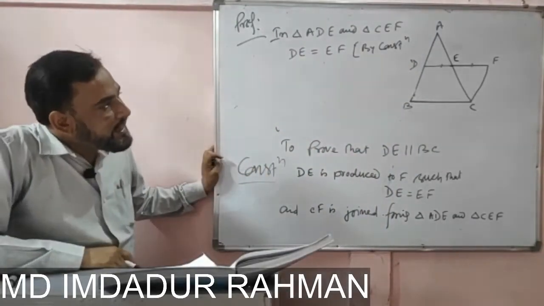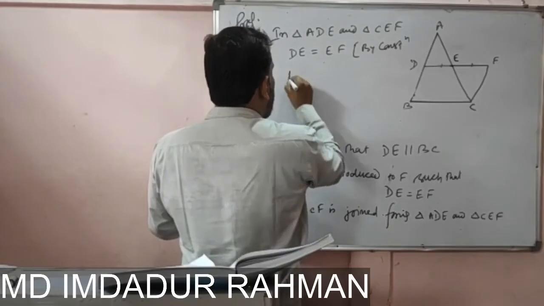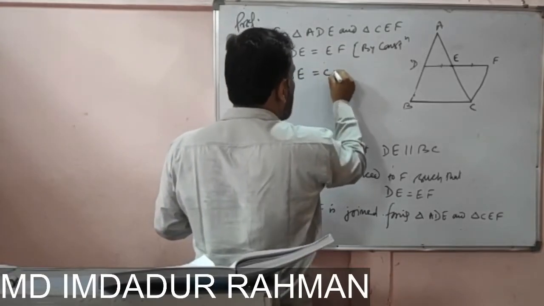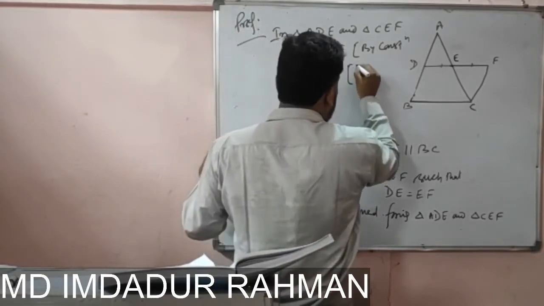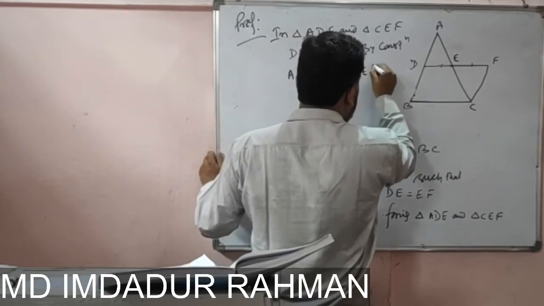Then AE is equal to CE, because E is the midpoint.